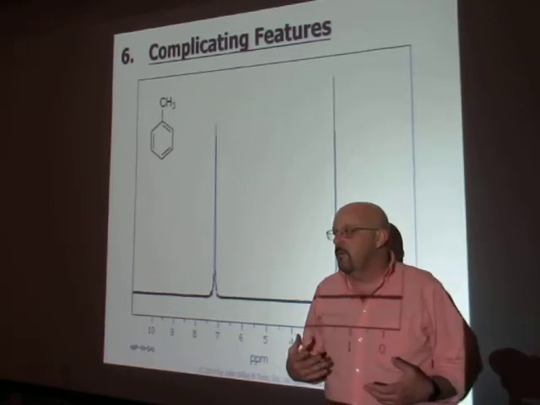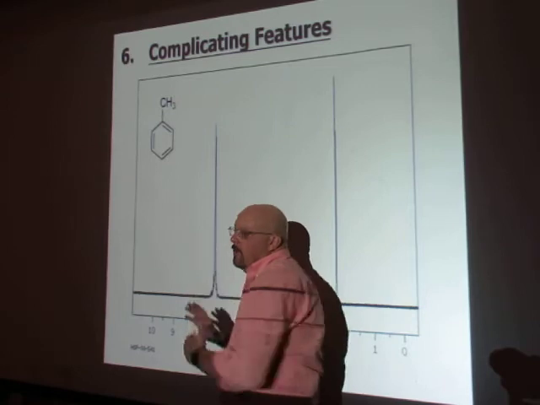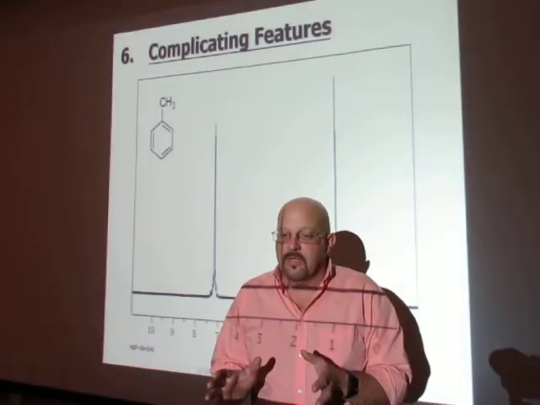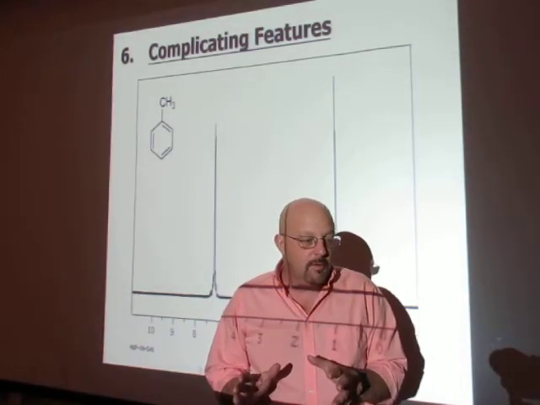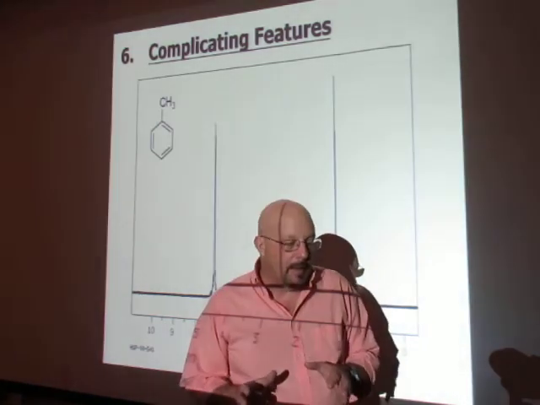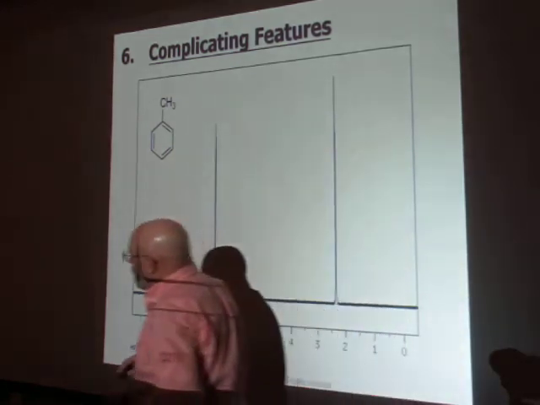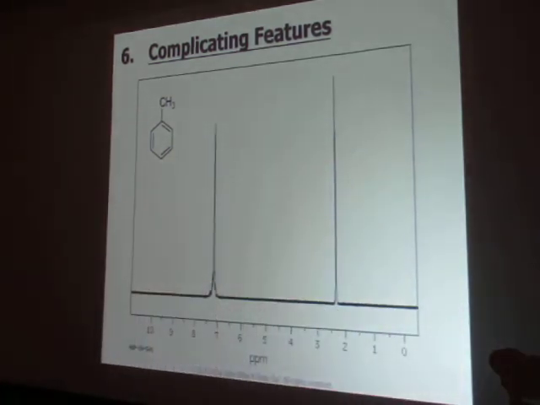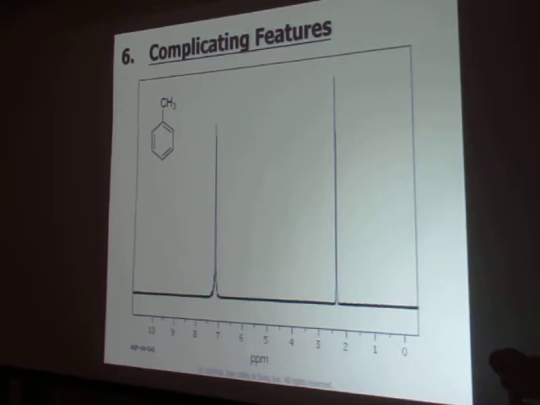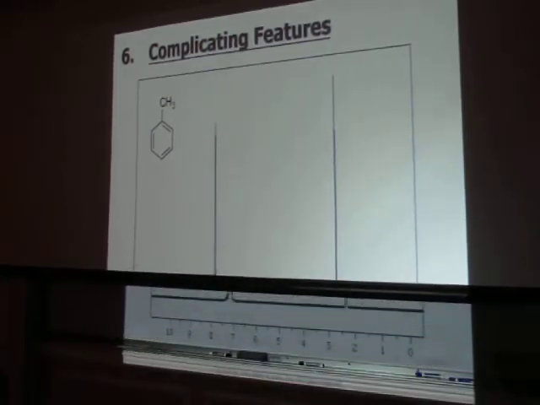You can also use that region. So with your aromaticity, you can also tell whether it's ortho, meta, or para by looking at what's going on. So let me show you that real quick. This is a common thing. Pull this up just for a second here so my camera can see it.